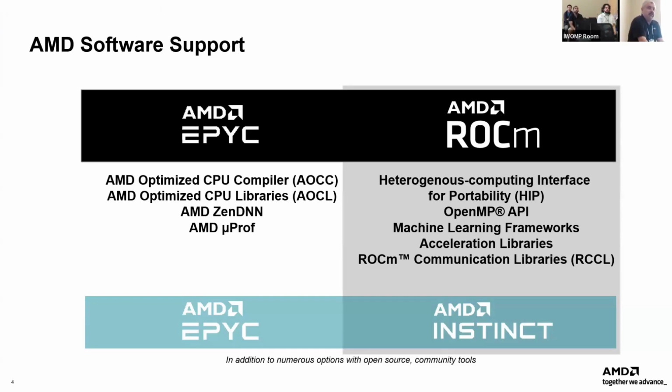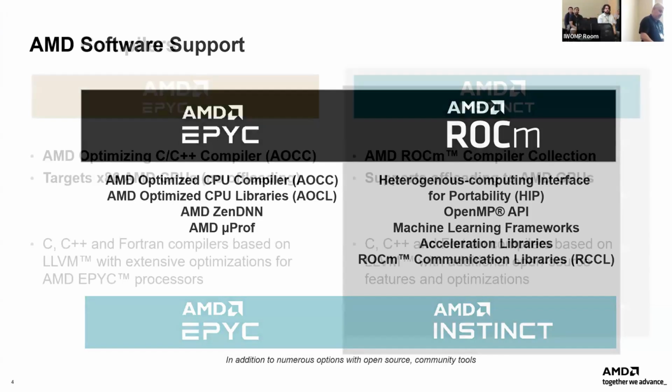This one, like I said, recently moved to the new Fortran compiler. But this is the software stack that has all the HIP programming models, the libraries for our GPUs, the machine learning frameworks are also in that space, and also the communication libraries that are meant to talk between the individual GPUs. And this is what we're going to focus on. We're going to ignore the CPU part for today.